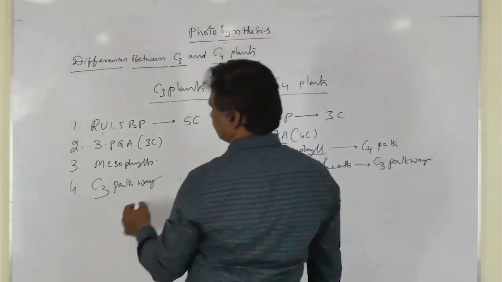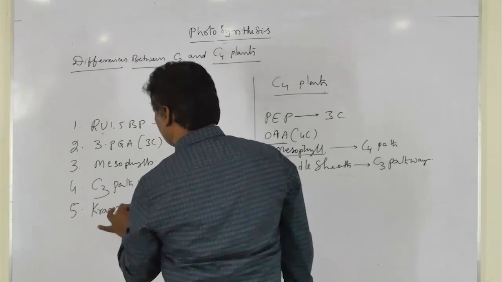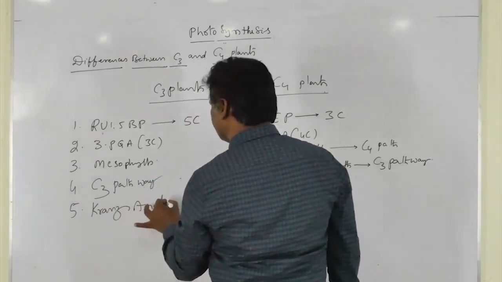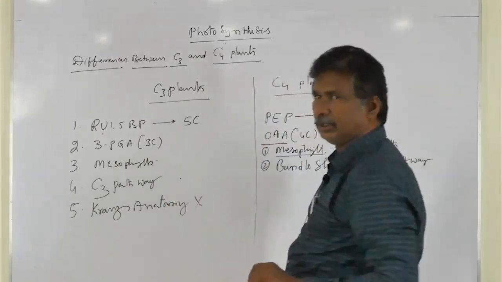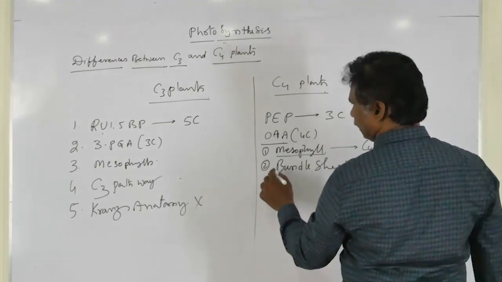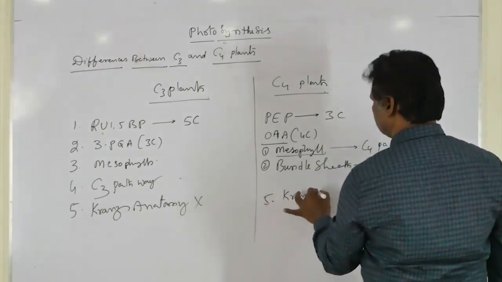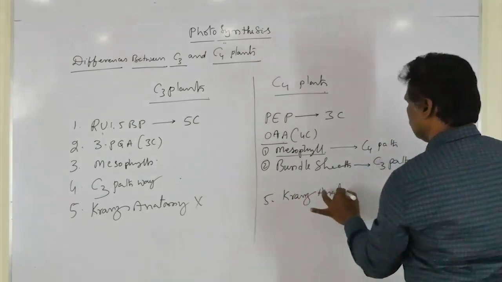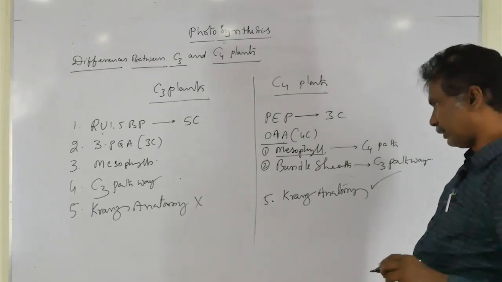When we observe C3 plants, Kranz anatomy is absent. Kranz anatomy is present within the C4 plants.